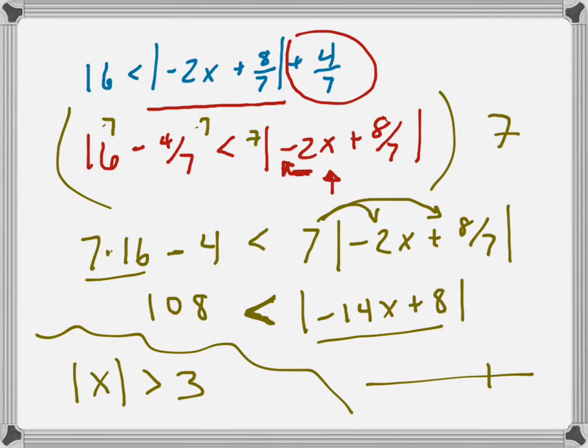It means that anything 3 or bigger satisfies this, and anything negative 3 or smaller satisfies this inequality. Because if I plug in negative 4, what's the absolute value of negative 4? Positive 4, and 4 is greater than 3. That's a true expression.